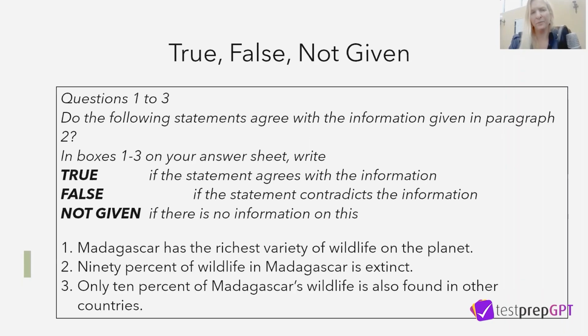So if we take a look at the true, false, not given questions, here is a simple example to show you how it looks in the exam. If you've already done the test, then you already know what it looks like. So you'll generally have the first set of questions, questions 1 to 3. Do the following statements agree with the information given in paragraph 2, for example? And then you'll see true, false, not given, and then 3 statements.